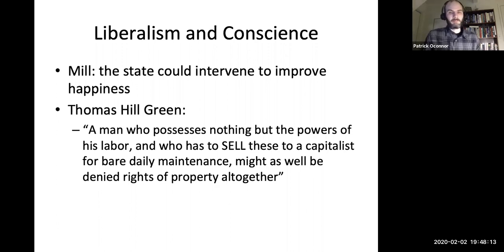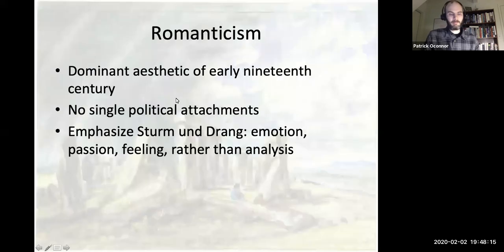Okay, one more ism. Let's talk about Romanticism. The last two ideologies we talked about were highly political. Romanticism, I guess we could call this more of a cultural ideology.